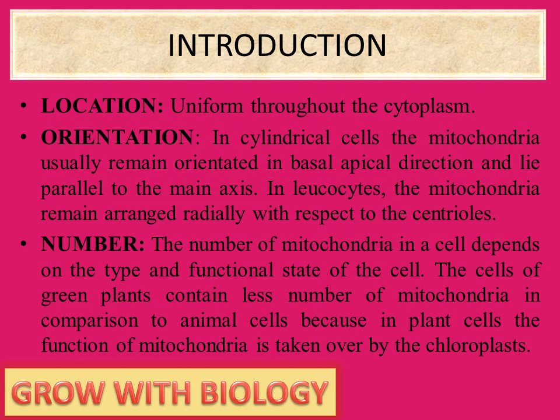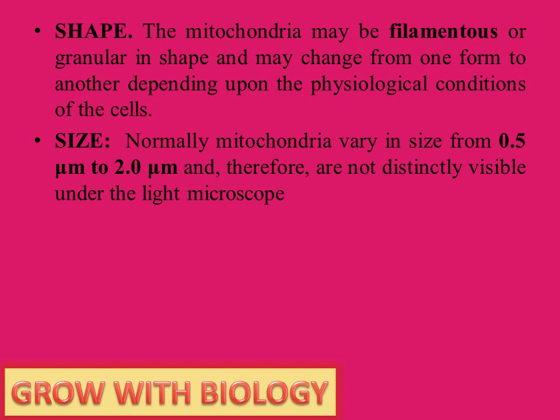If the cells require more energy, then the number of mitochondria is high, whereas those cells which require less energy production have fewer mitochondria. Shapes: the mitochondria may be filamentous or granular in shape, depending upon the physiological condition of the cell. Sizes: it ranges from 0.5 micron to 2 micron.